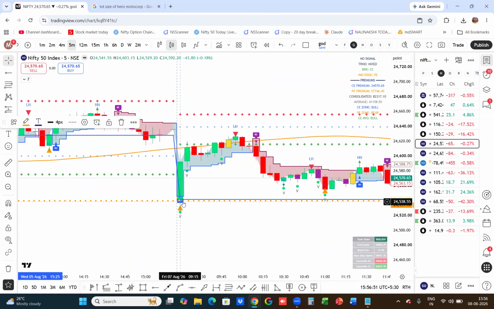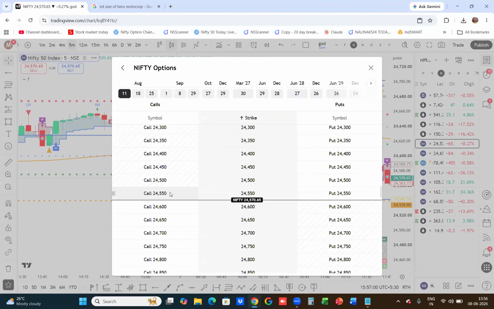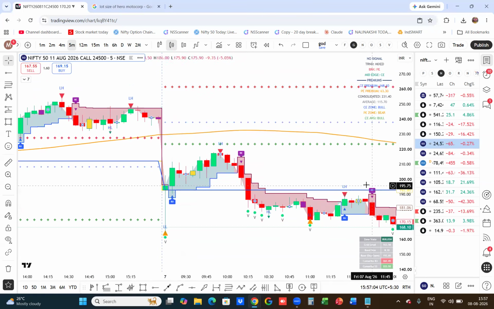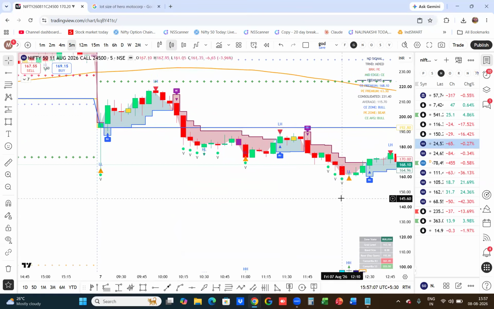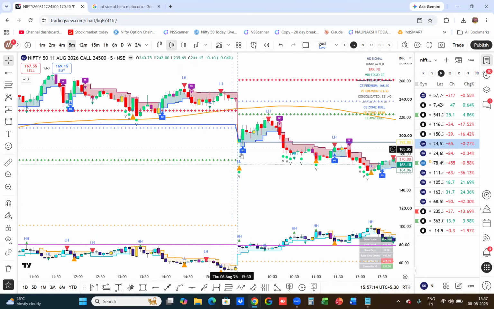Then this is the level 24,500. Then you could have selected the 24,500 call option. I'm applying this. Same way, this call option started moving from the previous day S3 as the underlying did.